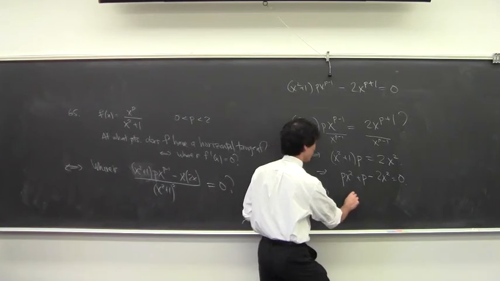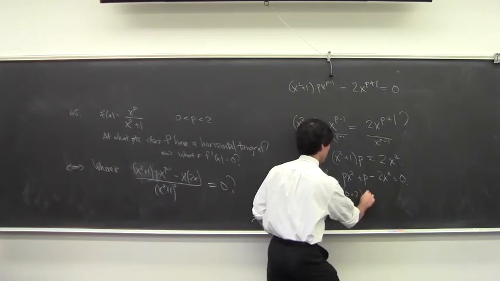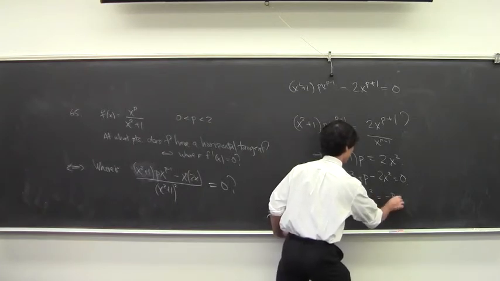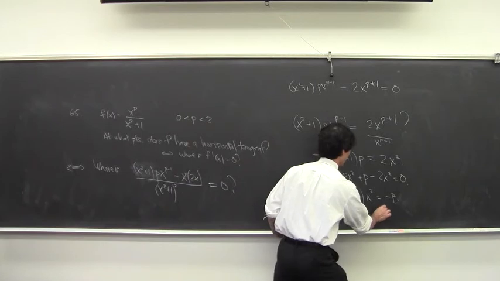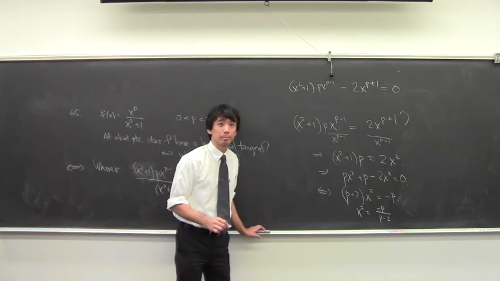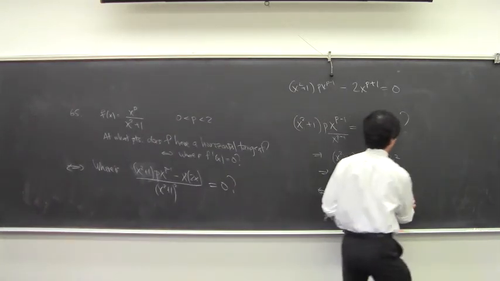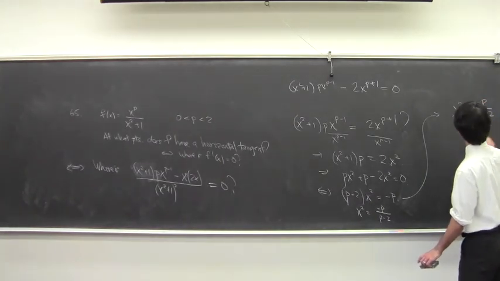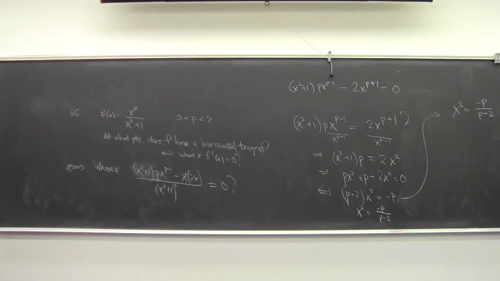In other words, p minus 2 times x squared equals negative p. So x squared is going to be negative p over p minus 2. Then you take square roots of both sides, and you see that x can be plus or minus the square root of this number. And that would be the answer.